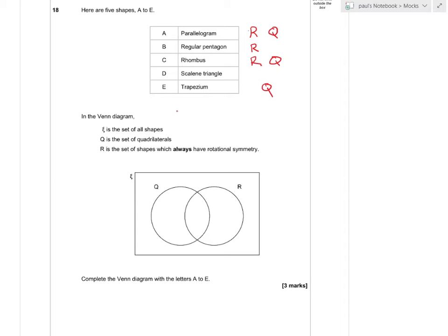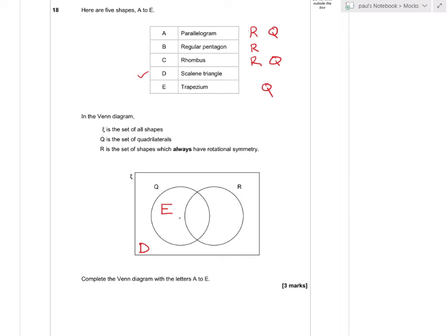So the easiest one, D, the scalene triangle, is going to go outside of there. Yeah, so hang on, let's make sure we're all right there. Okay, so done that one. So E, the trapezium. The trapezium is a quadrilateral, but it's not rotational. So D, E, the trapezium. Why don't they use P, R, S, and T?